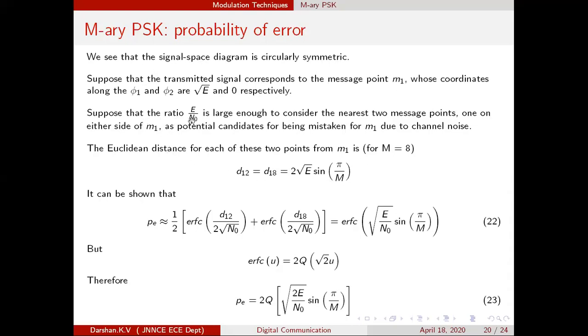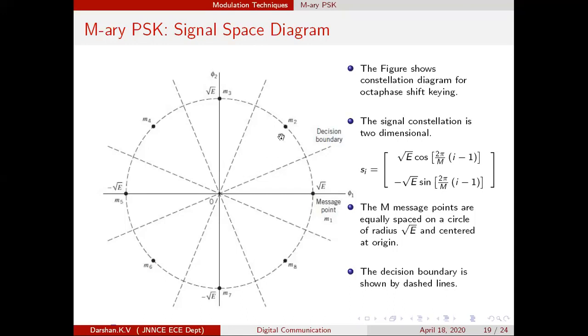He is writing the caution note: the ratio E by N naught, the signal to noise ratio, is large enough, or sufficient enough, to consider the nearest two message points, one on either side of M1, as potential candidates for being mistaken for M1 due to channel noise. That means the receiver may wrongly decide that M2 has been transmitted or M8 has been transmitted.